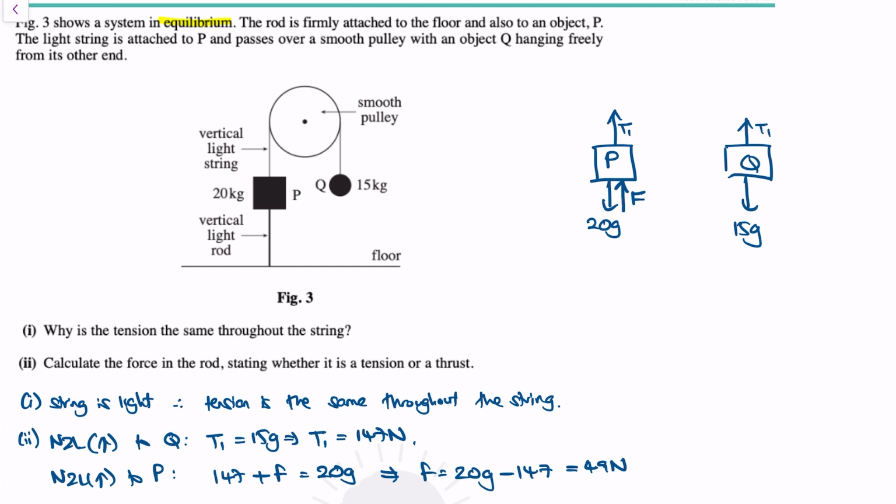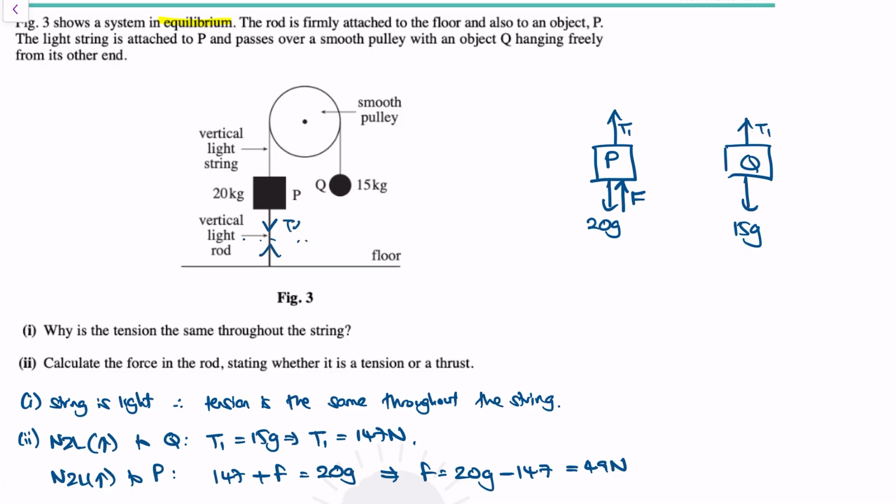So F is equal to 49 newtons acting upwards. Therefore, F must be equal to 49 newtons thrust. Because normally tension works away from P, like this.